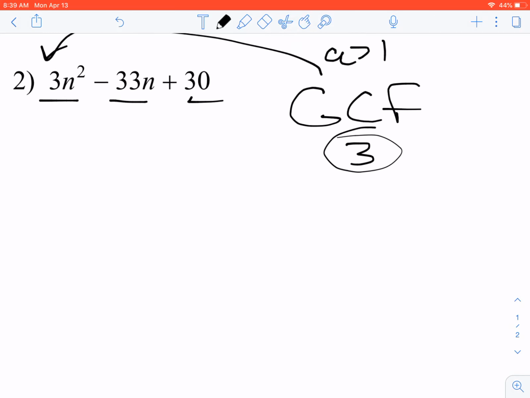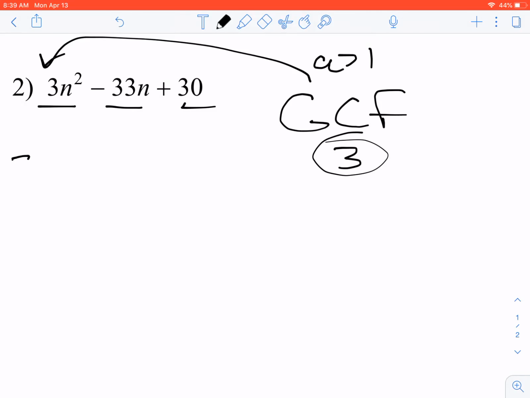So we are going to take out the 3, and if I divide 3n squared by 3, I'd be left with n squared. If I divide negative 33 by 3, I'd be left with negative 11n. And if I divide 30 by 3, I'd be left with 10.